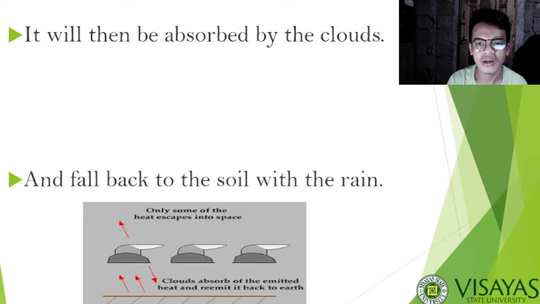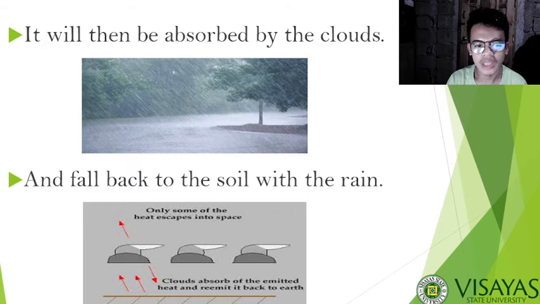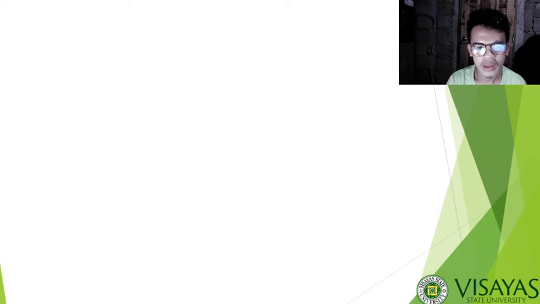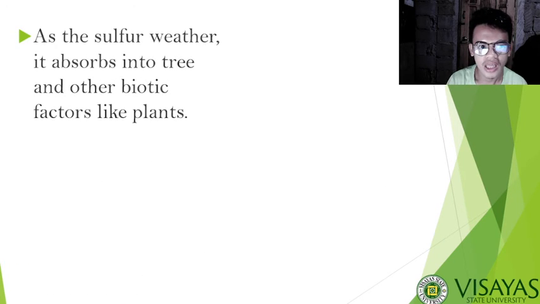After the clouds absorb the heat from the volcanic eruption, they contain the rainy season or the acid rain.